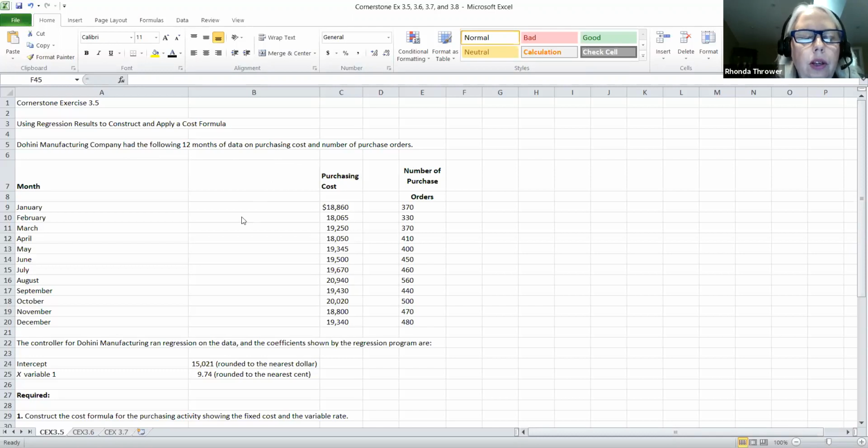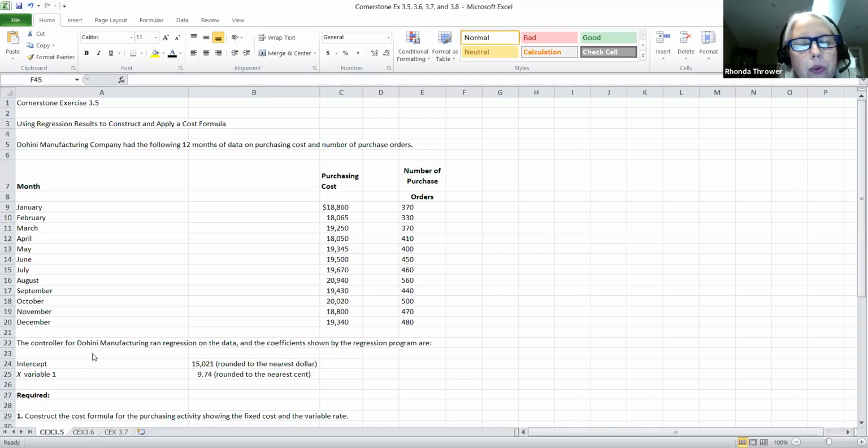And you can see here that they have recorded information for the purchasing cost for the months of January through December. They've also given you the number of purchase orders because the purchase orders would drive the purchasing cost.